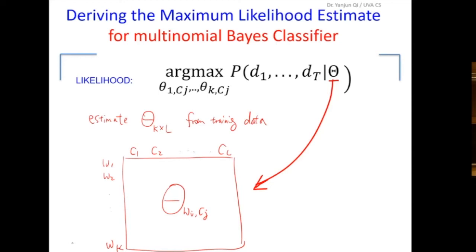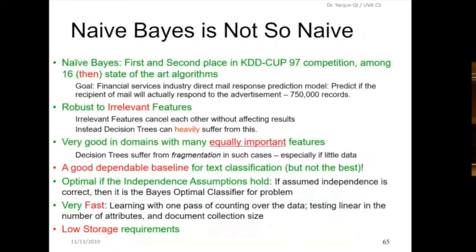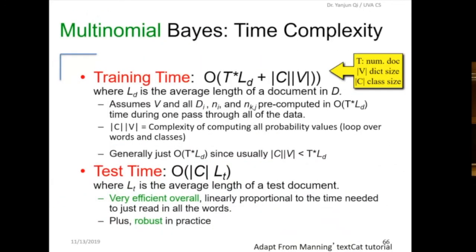Then you do C2, up to CL. This means only one pass of all the data. So assume you have T documents with average length LD. The cost is only T times LD.